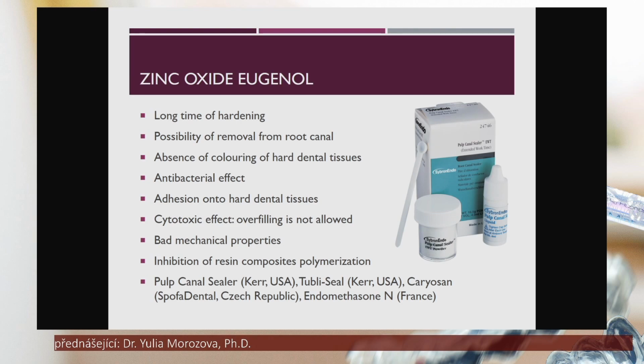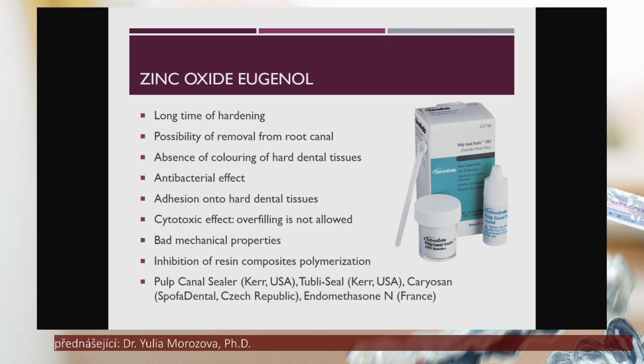Overfilling is not allowed in this case because it could lead to the irritation and toxic effect on the periapical tissues. And one more disadvantage, these materials lead to inhibition of resin composites polymerization.